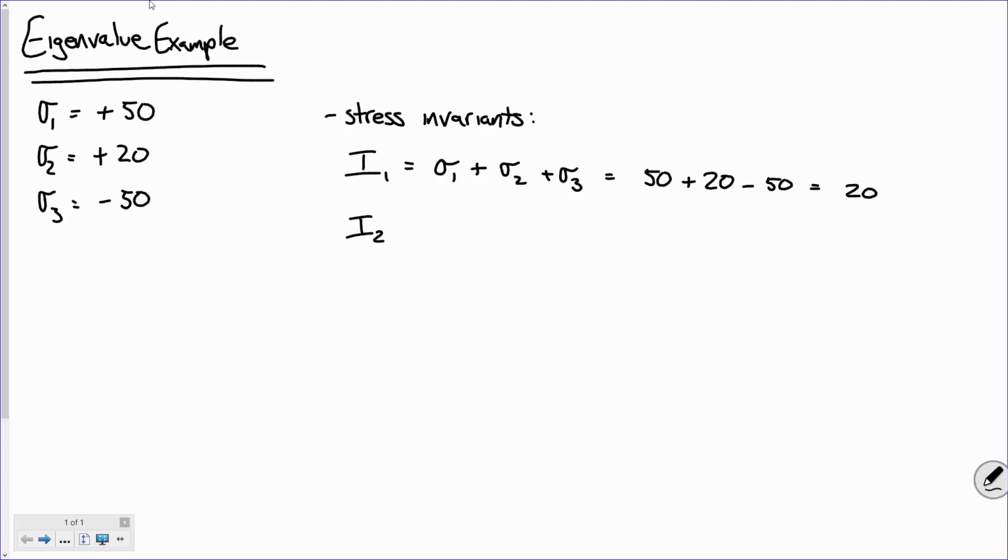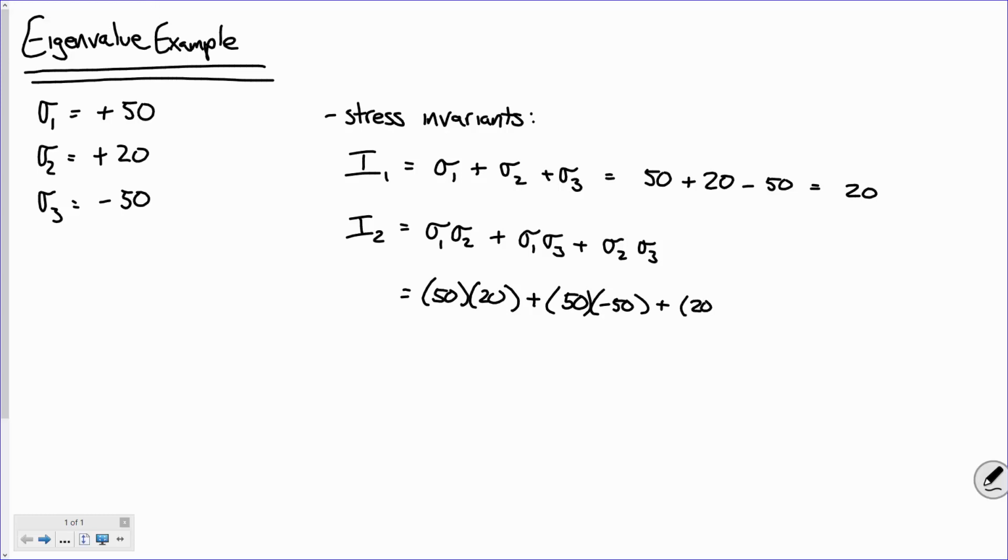I2 is this mixed product approach, sigma 1 sigma 2, plus sigma 1 sigma 3, plus sigma 2 sigma 3, which is 50 times 20 plus 50 times minus 50 plus 20 times minus 50.